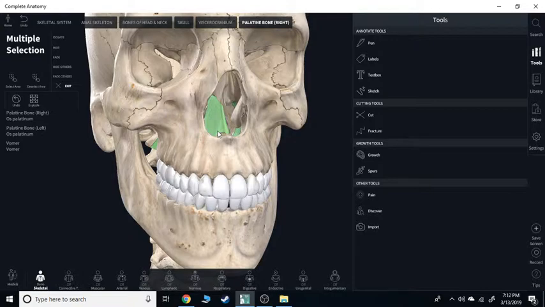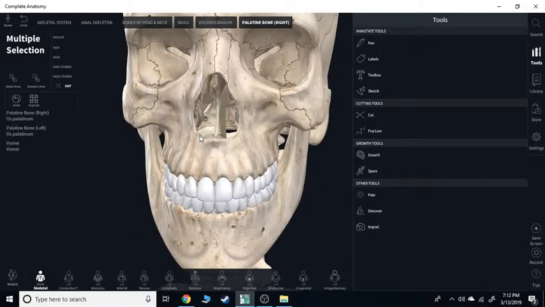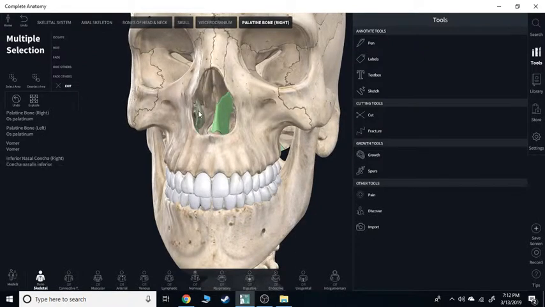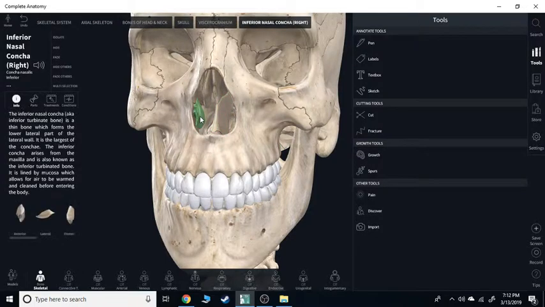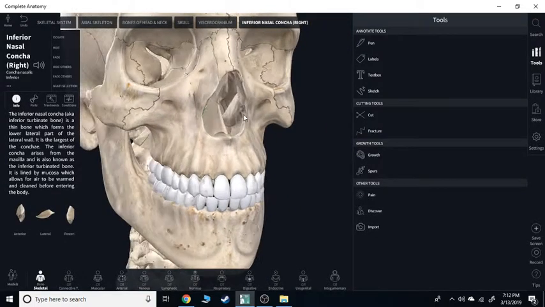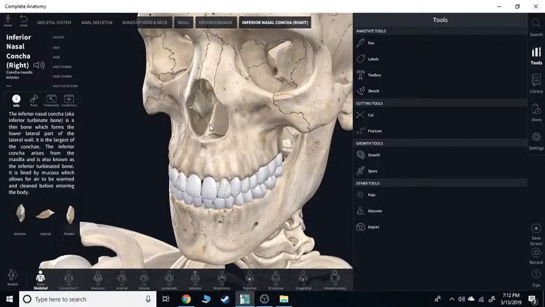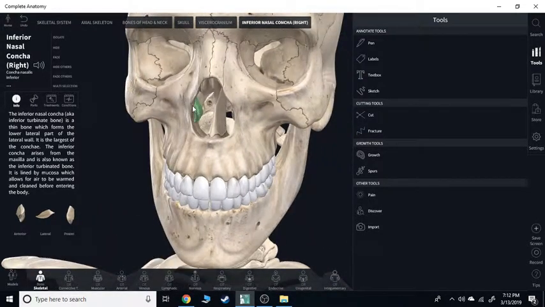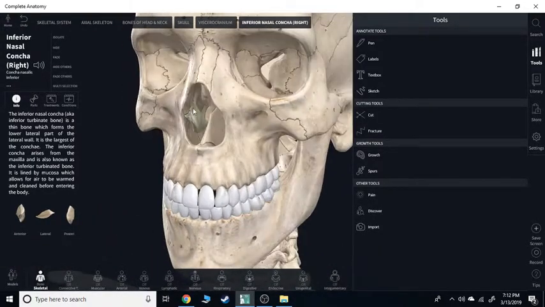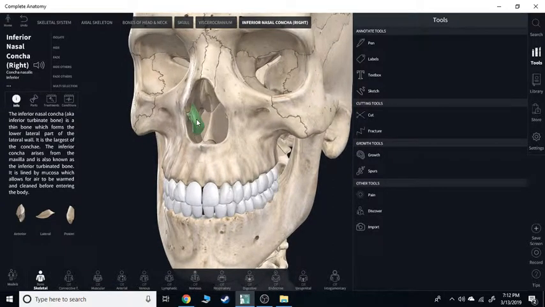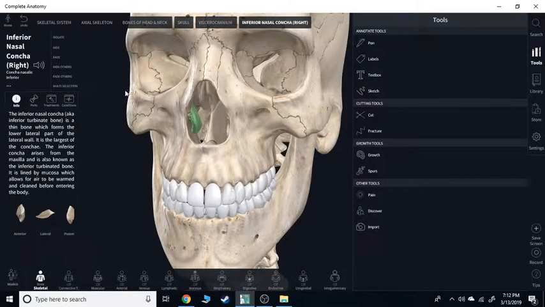Then we have the inferior nasal concha. Oh, exit. There are two of these that make up the bony lateral portions of your nostrils. These ones are even smaller.